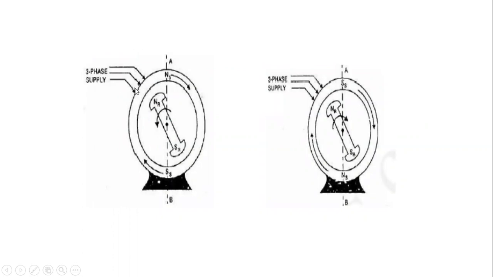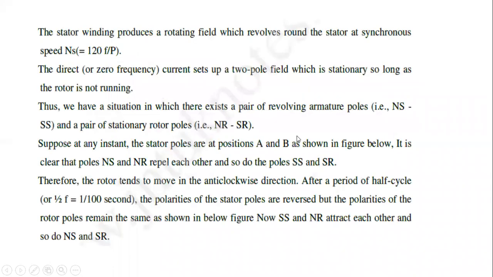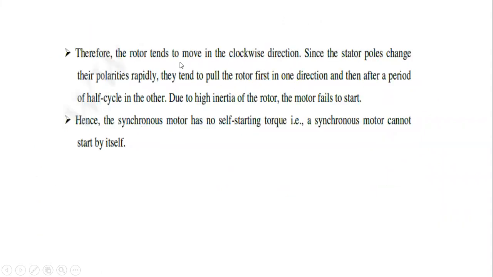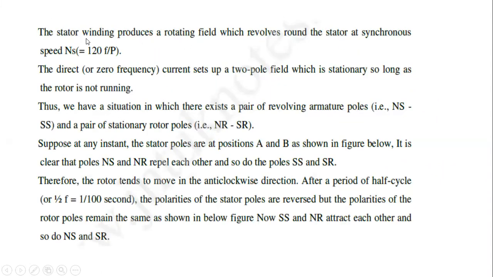When the three-phase supply is given to the stator winding, a rotating magnetic field is produced, which revolves around the stator at synchronous speed. But the motor is not self-starting.